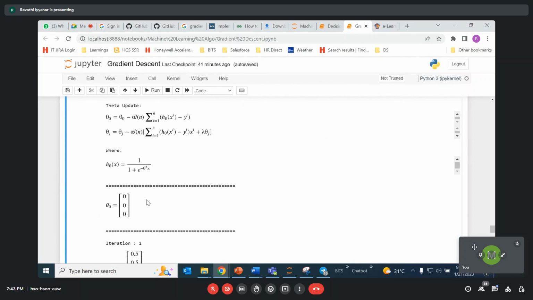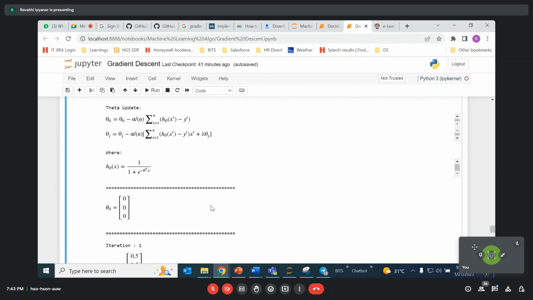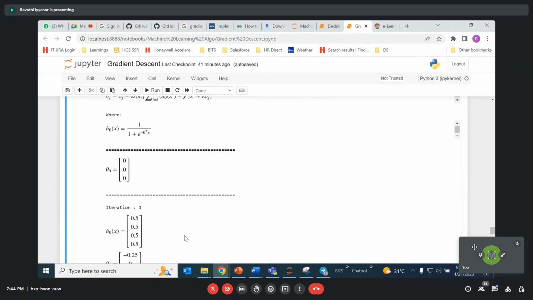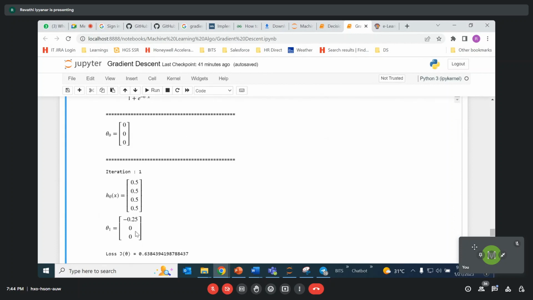Or should we call the vector elements W0, W1, W2 or something like that? Weights, yes. And after the first iteration, these are the values of theta.